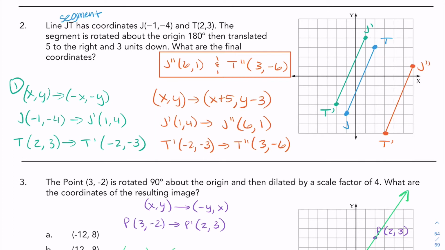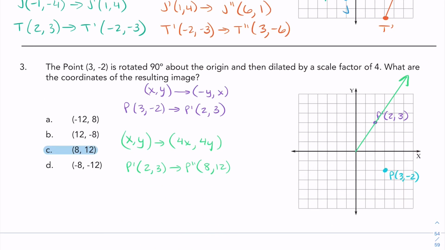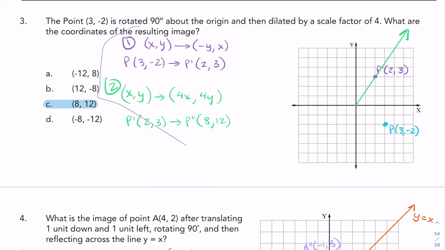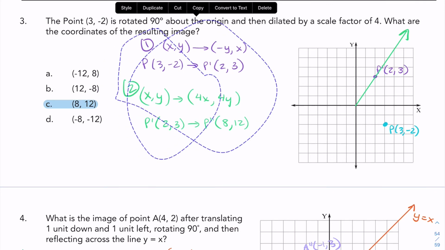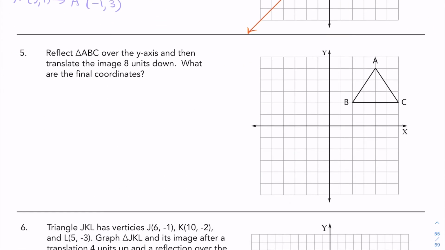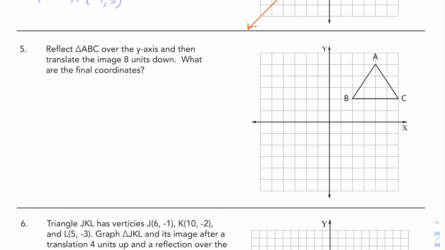This was 2. 1, 2, 3. Okay, 1 is reflect ABC over the y-axis and then translate it.